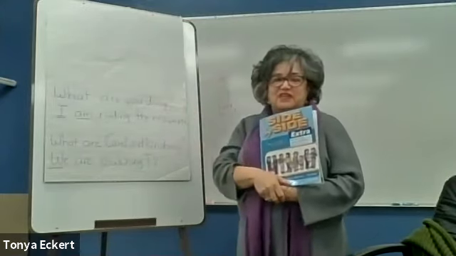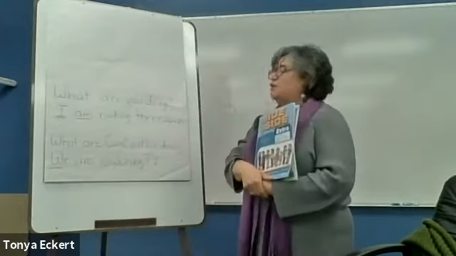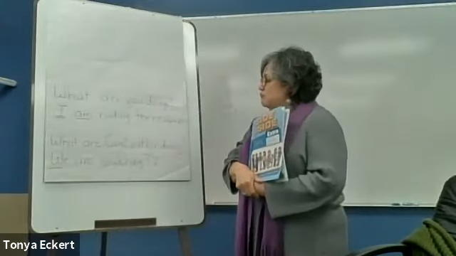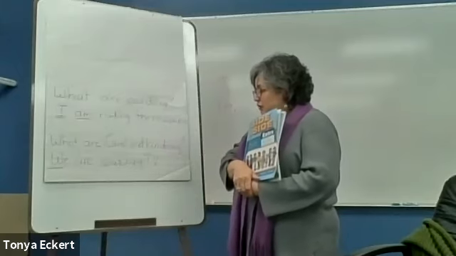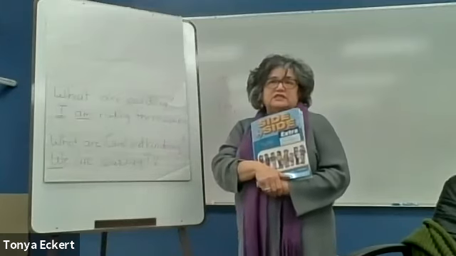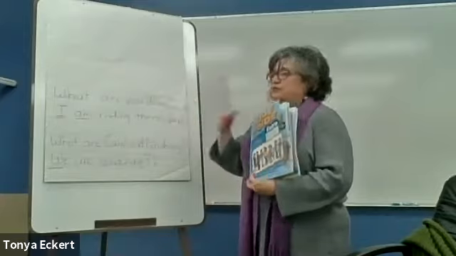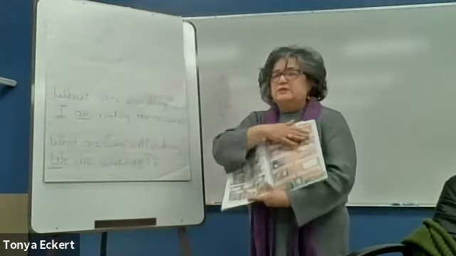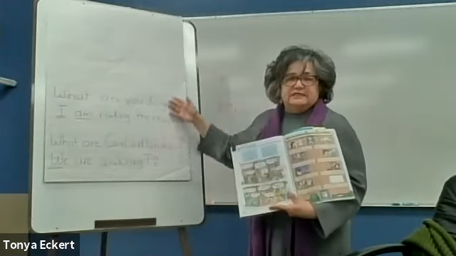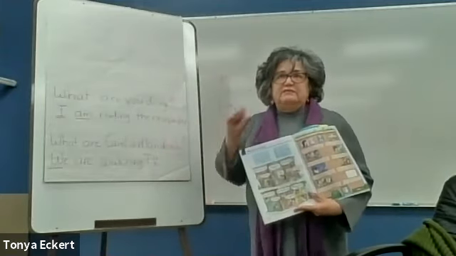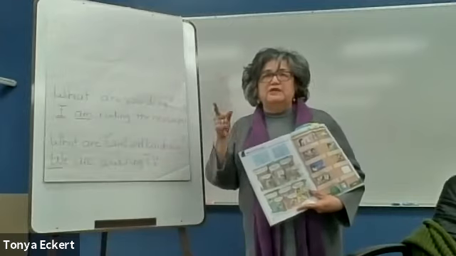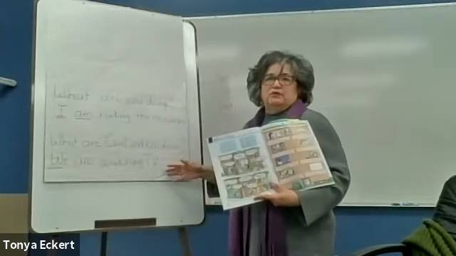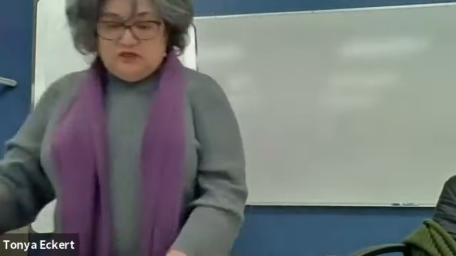Isn't it called an inflection? We're asking a question. What are you doing? I'm reading the newspaper. What are Carol and Ken doing? We are watching TV. So you might want to write that out, so it's easier for you to practice saying it. So writing and orally practicing is going to help you. You want to do both.